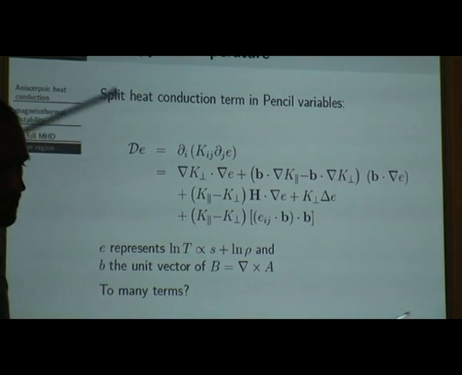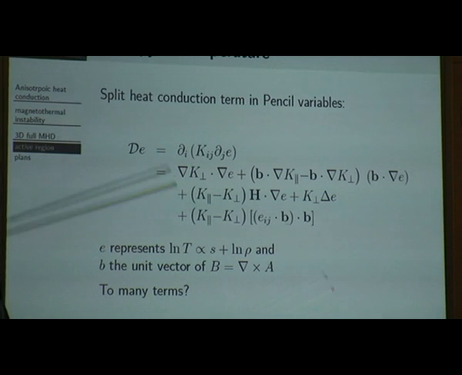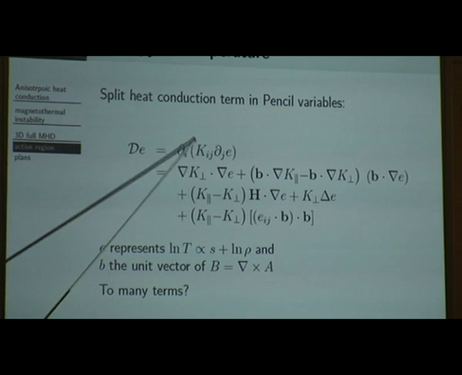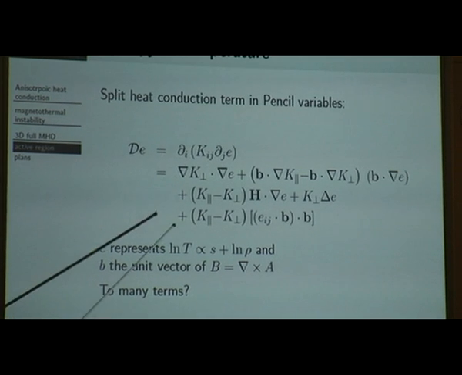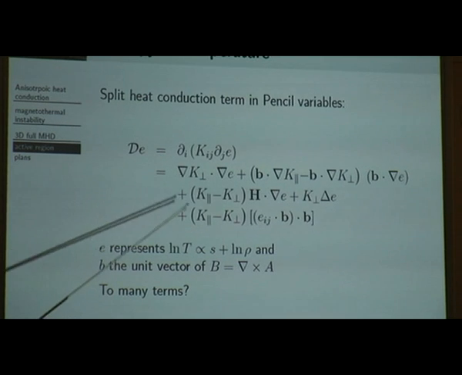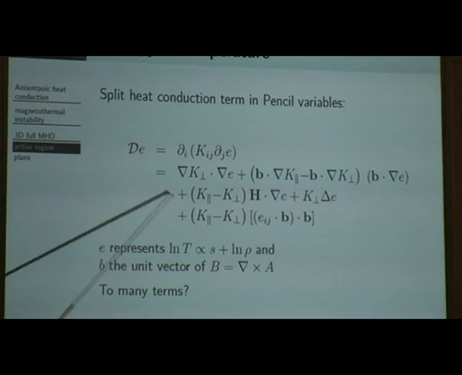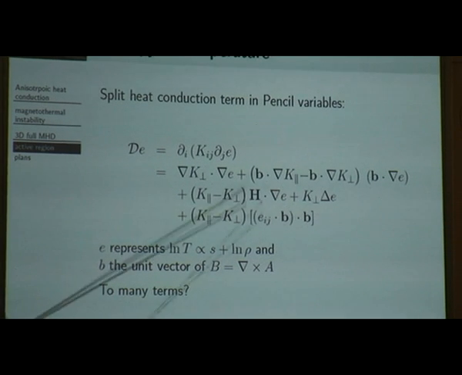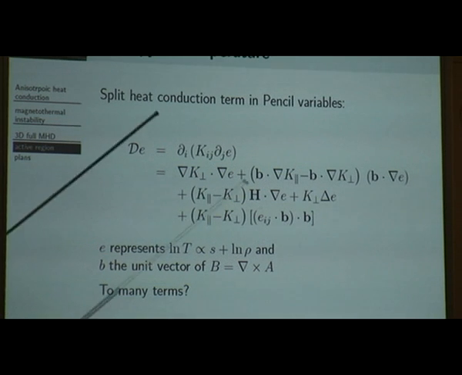And when you try to write this Spitzer heat conduction in the entropy form, this is the anisotropic tensor, which includes the isotropic part and the anisotropic part. We have to reform it down to the pencil values, more or less.